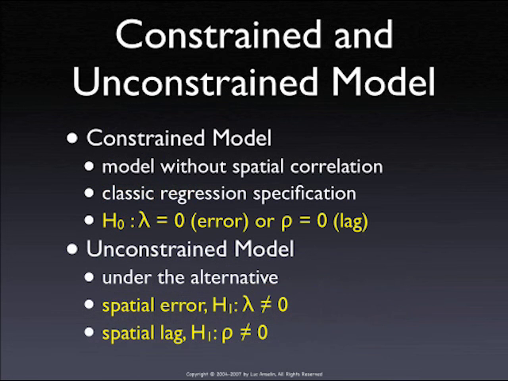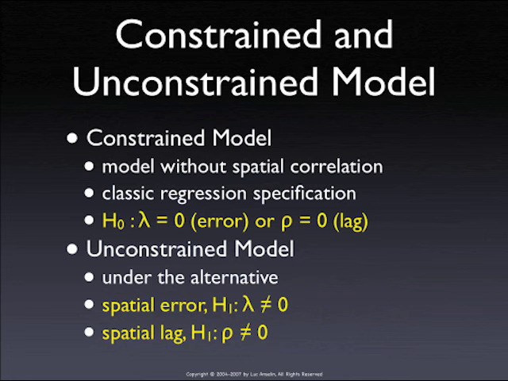The framework that we use, and this is again mostly to get the terminology straight for everybody, is we distinguish between a constrained model and an unconstrained model. And if you haven't worked in this area, this is often not totally intuitive, because the constrained model is the model without the problem.